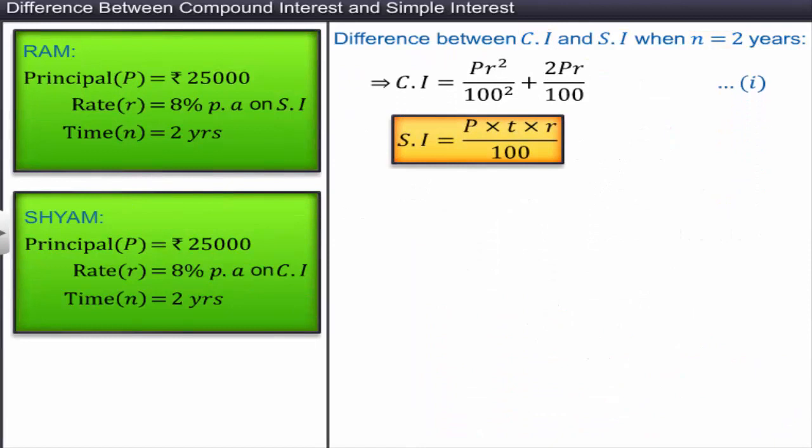The simple interest on the same principal P for a time period of 2 years can be obtained by substituting T is equal to 2 in the formula for simple interest. On substituting T is equal to 2 and simplifying, we get simple interest is equal to 2PR upon 100. Let's take this as equation 2.